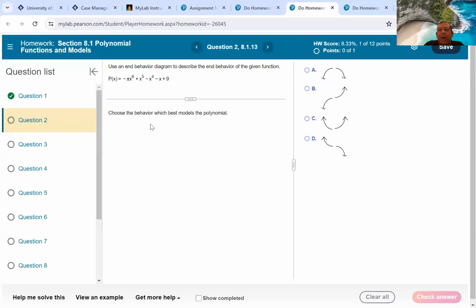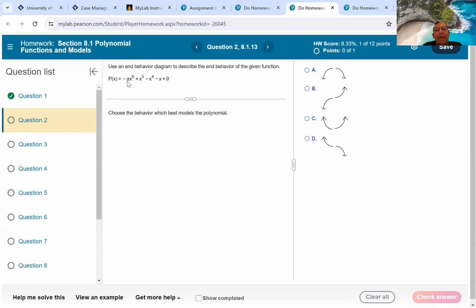So y'all, I'm going to ask y'all this one, A, B, C, or D. You got P of X is a negative pi x to the 6th plus x to the 5th minus x to the 4th minus x plus 9. So y'all got an even degree with that 6. You've got a negative lead coefficient with that negative pi.